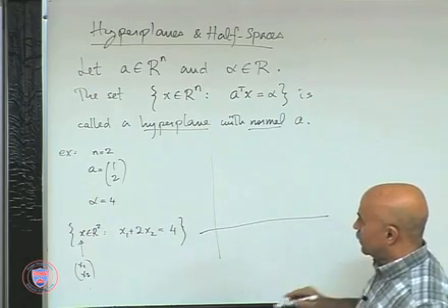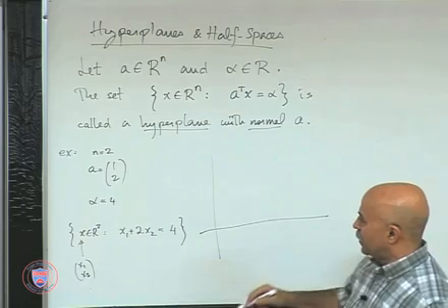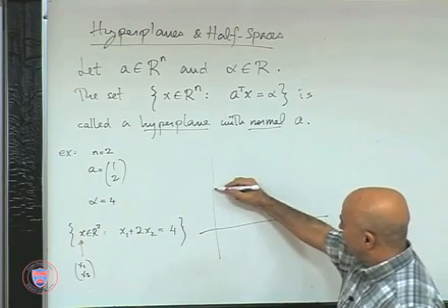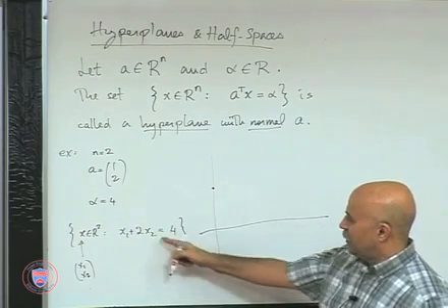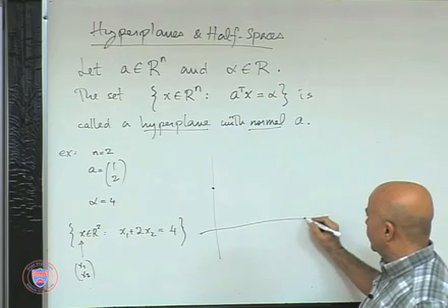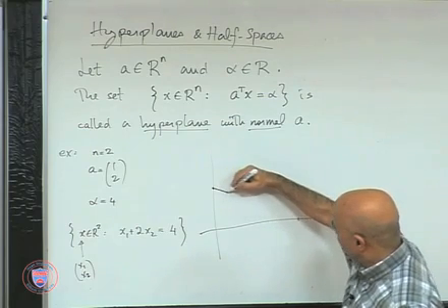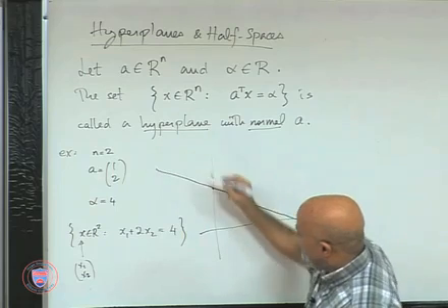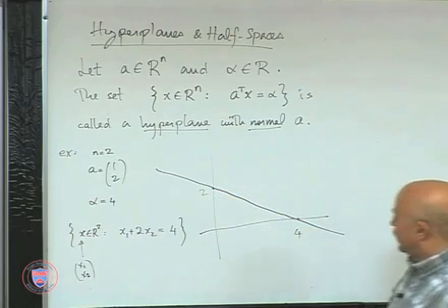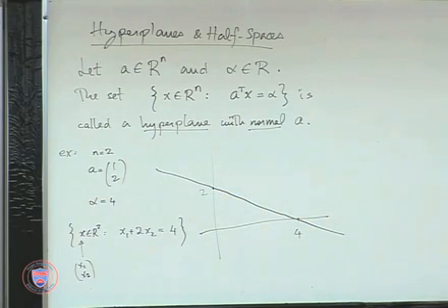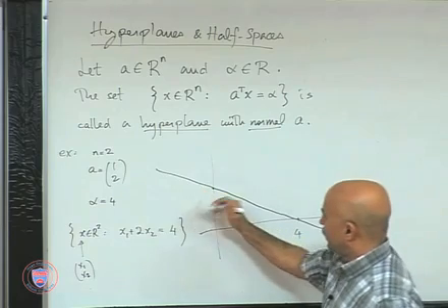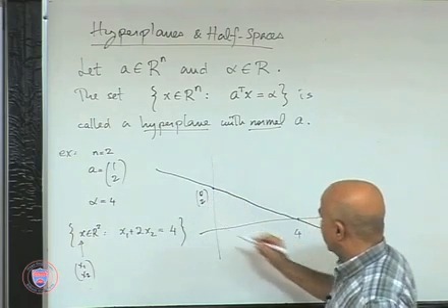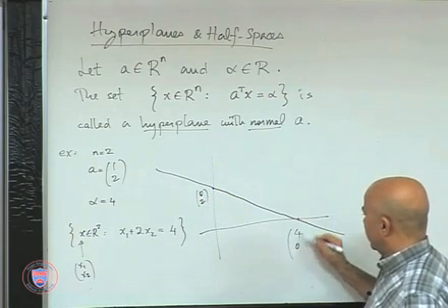If you draw it, when x1 is 0, x2 is 2, which is here. When x2 is 0, x1 is 4, which is somewhere here. So your hyperplane goes through the points 0, 2 and 4, 0.